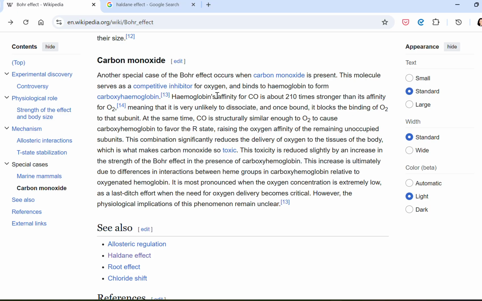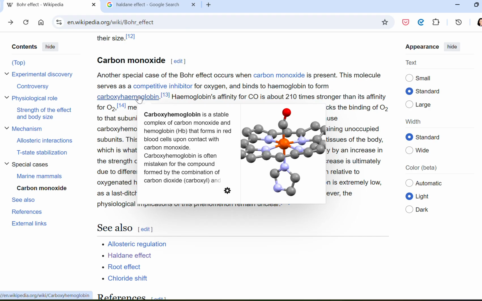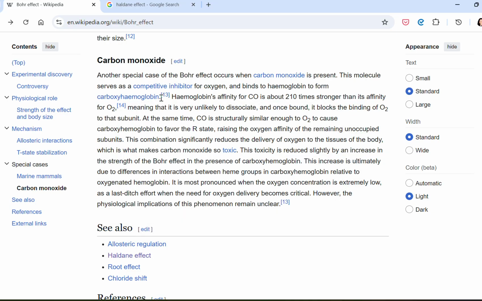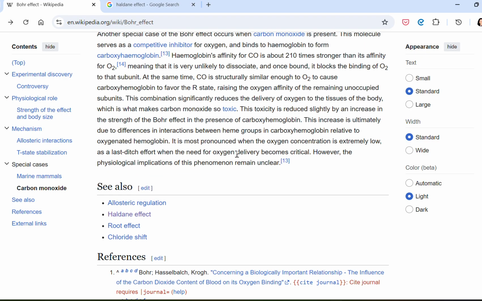It binds to the same place as oxygen, and it is irreversible. When it is bound, it's called carboxyhemoglobin. Here you can see the shape of carboxyhemoglobin, where carbon monoxide is bound to the central iron. Hemoglobin's affinity for carbon monoxide is about 200 times stronger, so it becomes toxic.